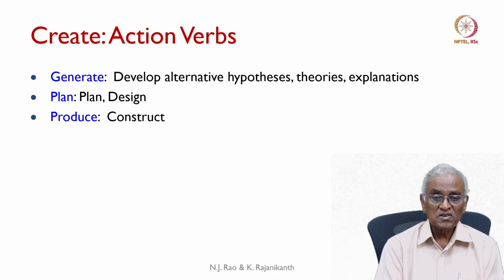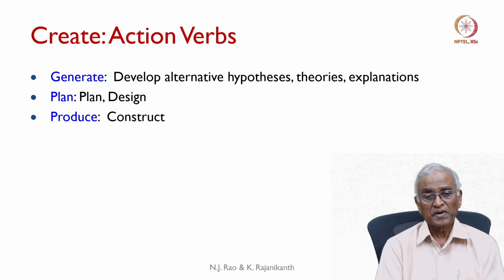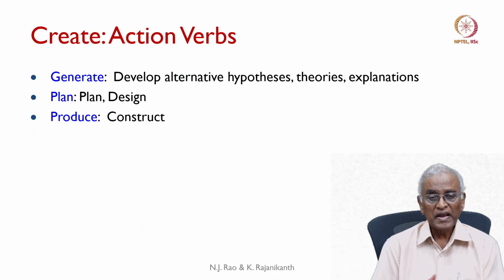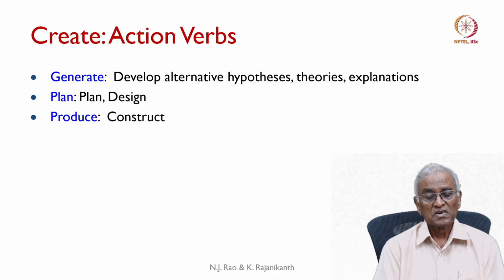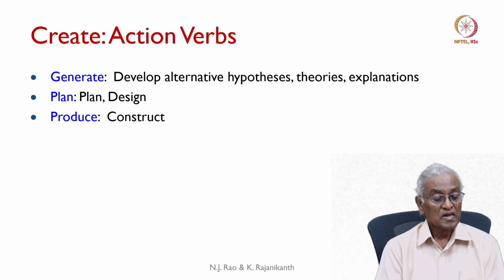But just because you have used design as a verb, it doesn't automatically become the create process. What is implied in that, you have to make sure. That is what we explained in the case of apply. Then produce, we can use the words construct, fabricate, and so on.